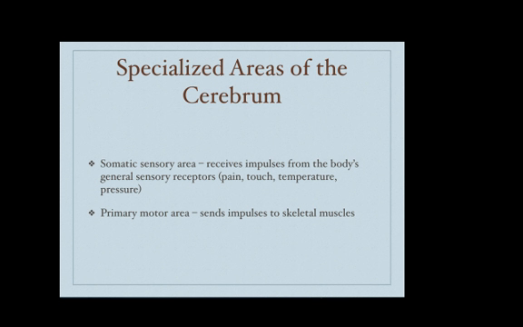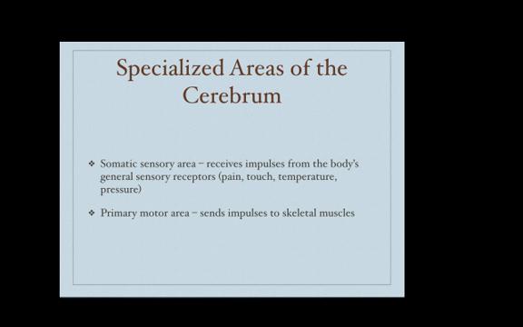There are going to be a few areas of the cerebrum that you need to memorize. You need to be able to find them on an unlabeled diagram. And we'll just talk about a couple quickly, and then you'll have a diagram to fill in. So the somatic sensory area and the primary motor area, these are two areas right next to one another on the cerebrum. They actually are to each side of the central sulcus.